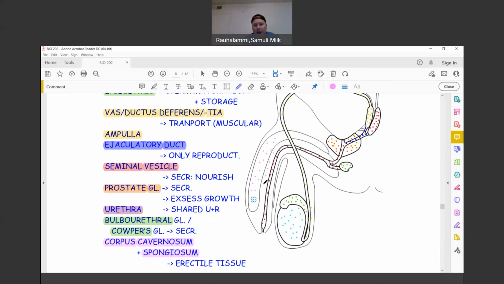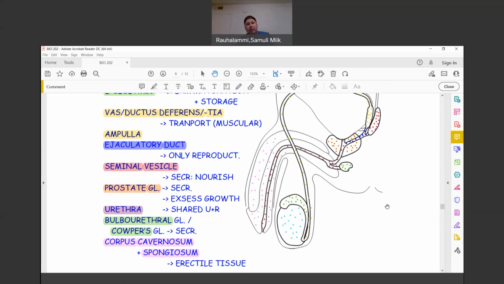Why would we get an erection? Well, erection helps us to deliver the semen, including the sperm, further into the female reproductive tract, so we have a greater chance of it making its way all the way where it needs to go and for fertilization to occur. So this is our erectile tissue, the last part that I really wanted to mention there.